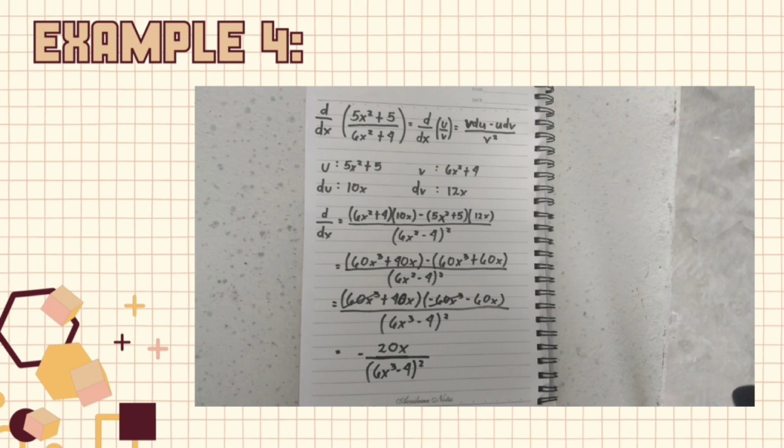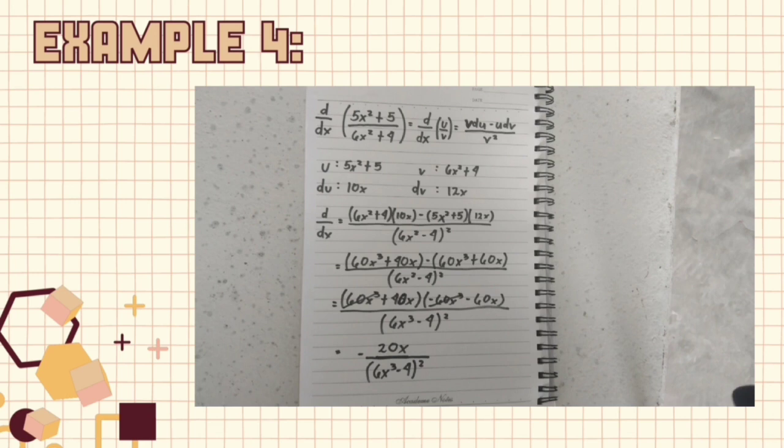Let's substitute to the formula, which is v du minus u dv over v squared. 6x squared plus 4 times 10x minus 5x squared plus 5 times 12x over 6x squared plus 4 raised to 2. 6x squared times 10x is equal to 60x cubed, plus 4 times 10x is equal to 40x, minus 5 times 12x is equal to 60x cubed, plus 5 times 12x is equal to 60x.